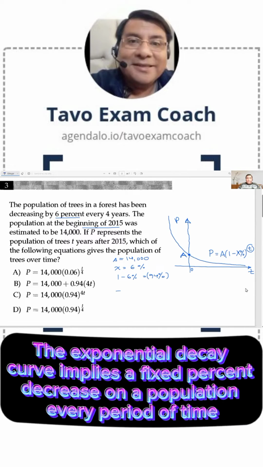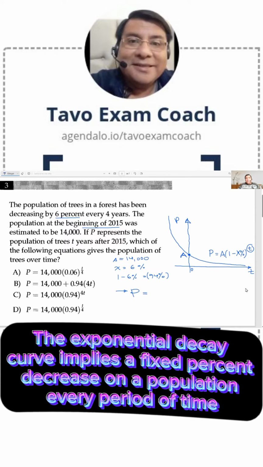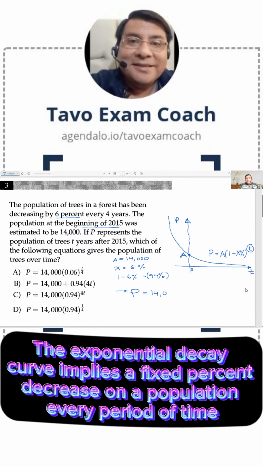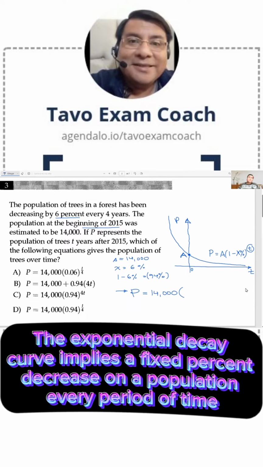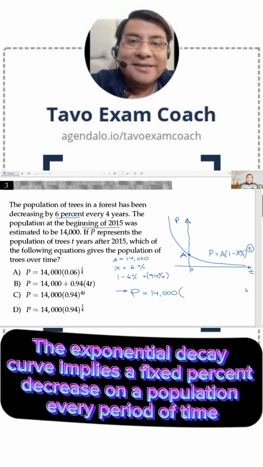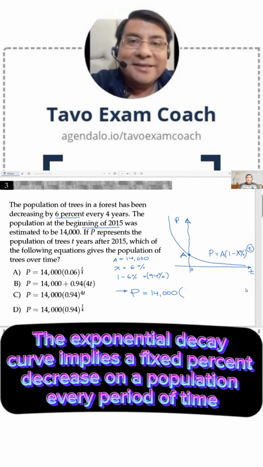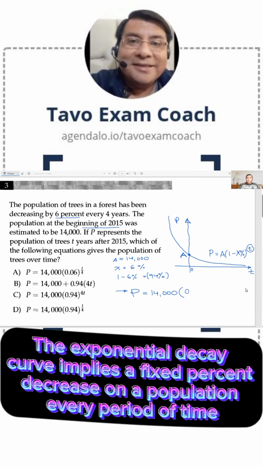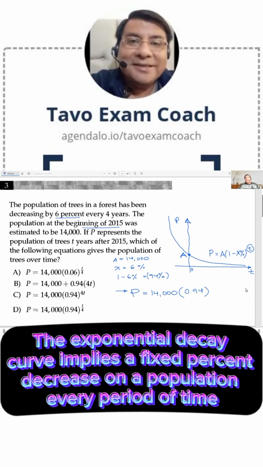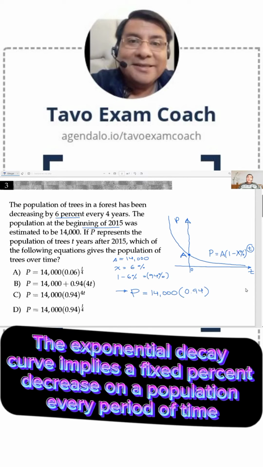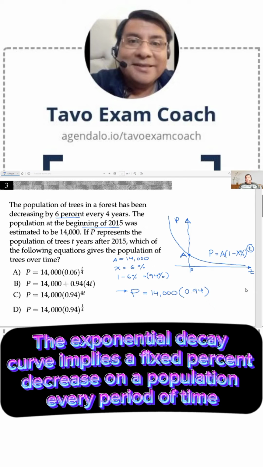This matches precisely this equation. P equals 14,000 multiplied by 1 minus 6%, that is 94%, or 0.94, up to the number of times that this percent decrease will occur.